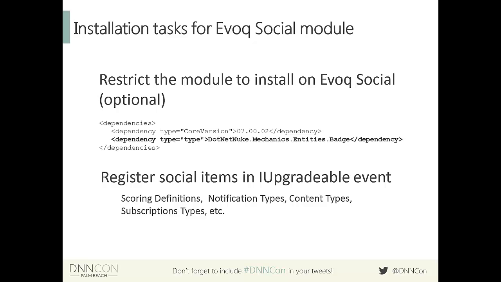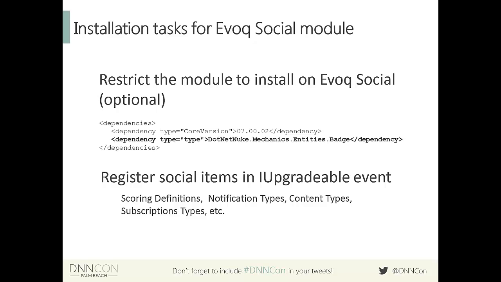The other thing we're going to do is register some of our social items in the IUpgradeable event. If you're not familiar with IUpgradeable, this is an event that gets called during the installation. It's called from your business controller class as long as you implement the interface. And it's a one-time event that occurs during the installation.